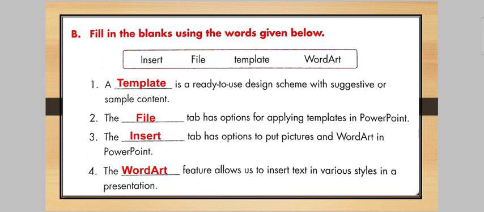File tab is the correct answer. Next: the dash tab has the option to put pictures and word art in PowerPoint. Insert tab is the correct answer. Next: the word art feature allows us to insert text in various styles in a presentation. So word art is the correct answer. So these are the fill in the blanks from this chapter.